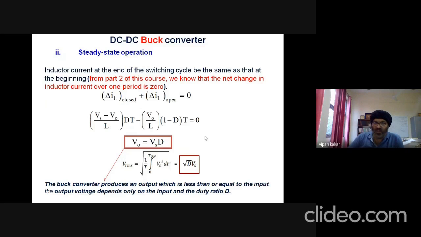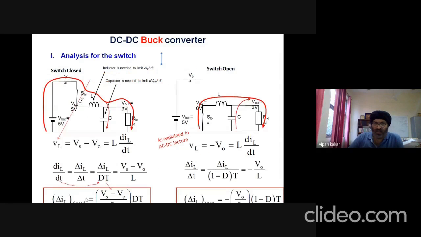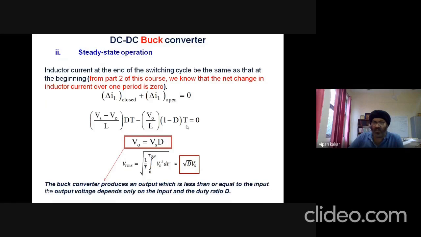So now, using these equations for delta IL closed and delta IL open, and equating the sum to 0, we get output voltage equal to the supply voltage multiplied by the duty cycle. And we know that the duty cycle is always less than 1, or less than 100%.